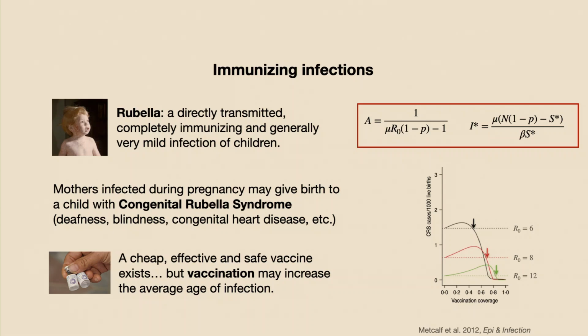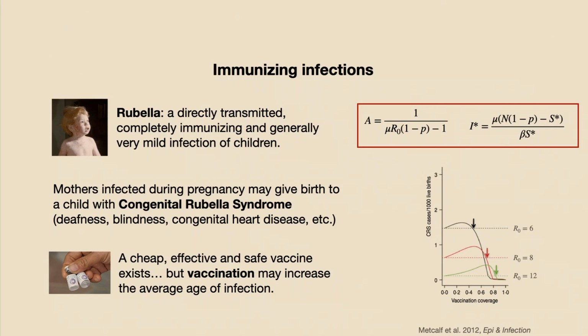And this probably also makes sense to you. If the R0 is low, then the burden in the absence of vaccination is higher, right? Because a lower R0 means the disease is spreading more slowly from individual to individual, which means the average age is higher, which means that more women are being infected during their childbearing years. However, it takes a lower vaccination coverage to make things better if R0 is low.